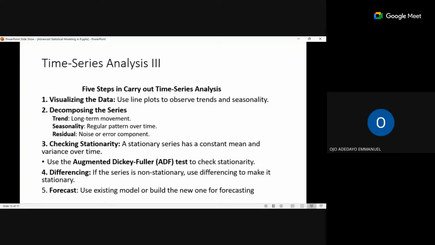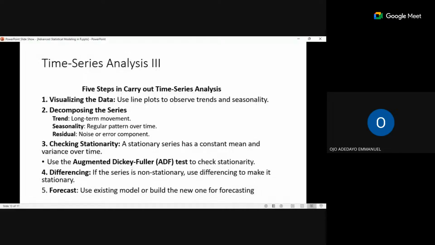But in time series, we don't use normality, we use stationarity. If I say your data is not stationary, that means it is not normal. So after you visualize your data and decompose your data, you check for stationarity by using the augmented Dickey-Fuller test.